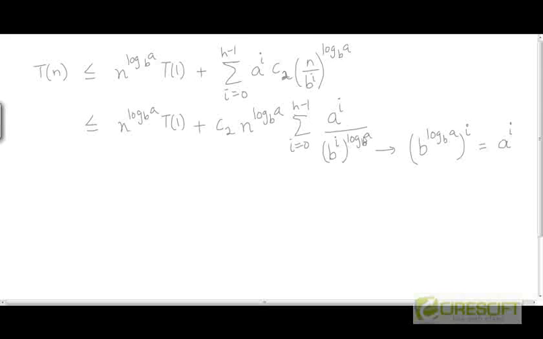Now, if the denominator simplifies to a to the power i, then it's going to cancel out the numerator and we'll be left with 1 inside the summation.